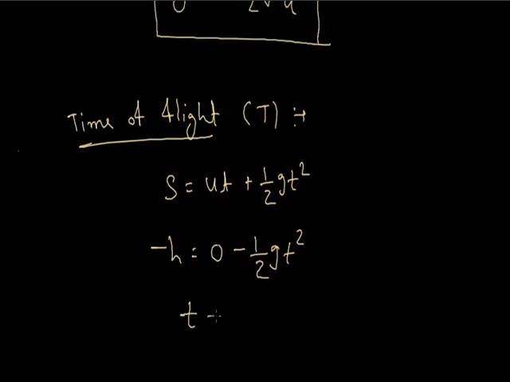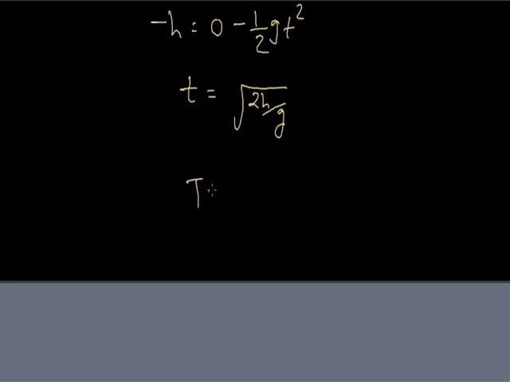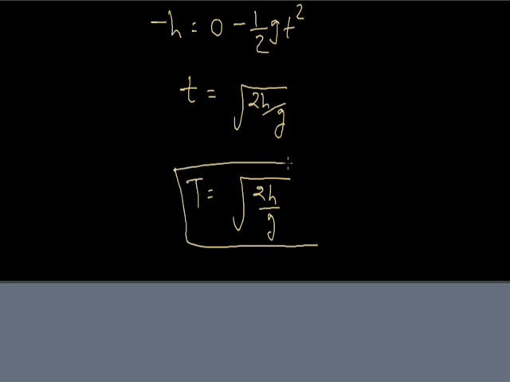So t will be root of 2h by g, and we can write capital T equals root of 2h by g. This is the time of flight of the projectile in horizontal projection.